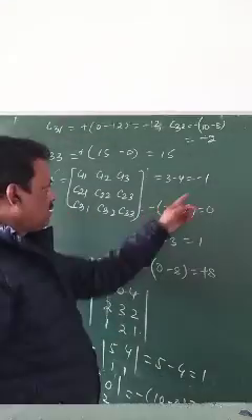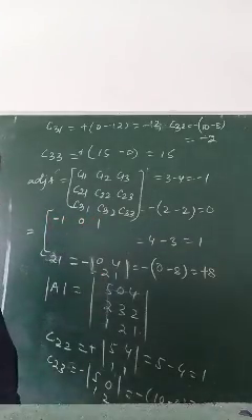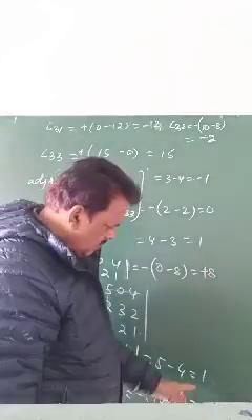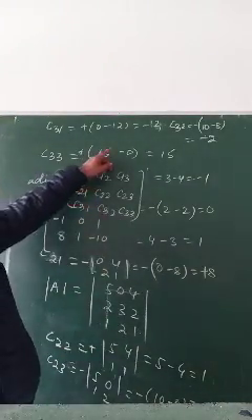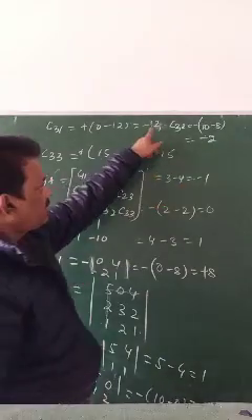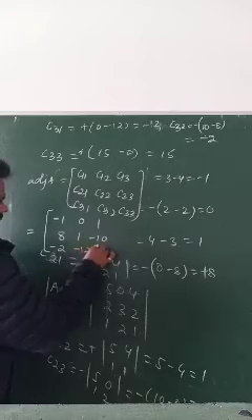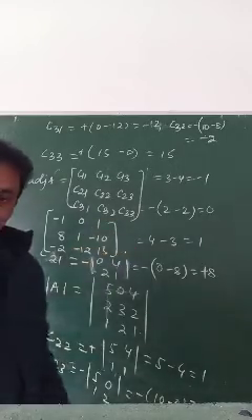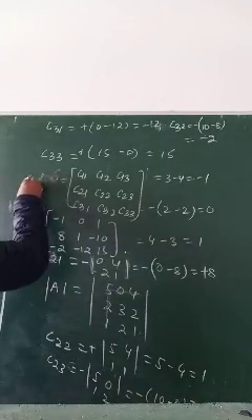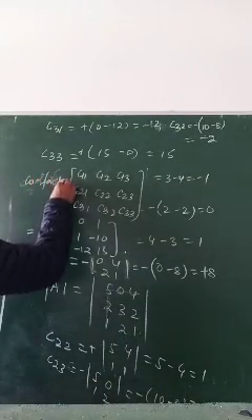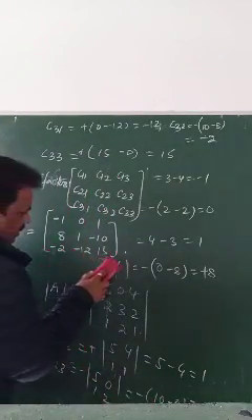That is -1, 0, 1, then 8, 1, minus 10, then -2, -12, 15. This is not the adjoint, this is the cofactor, sorry. Cofactors. Then from there you have to find the adjoint.